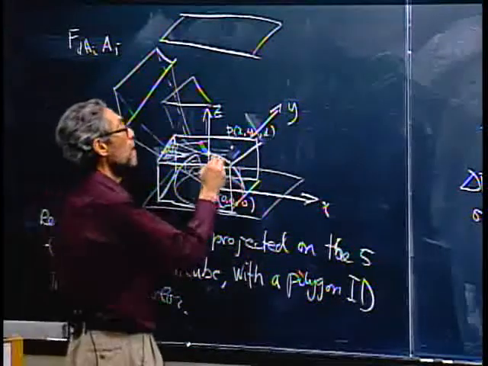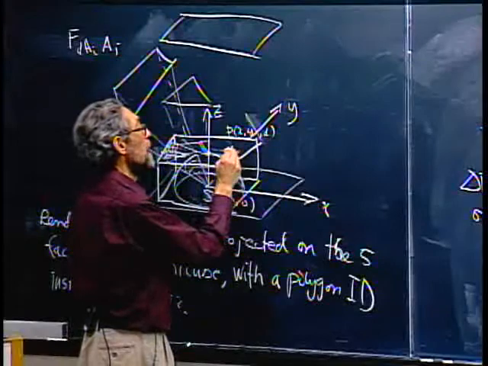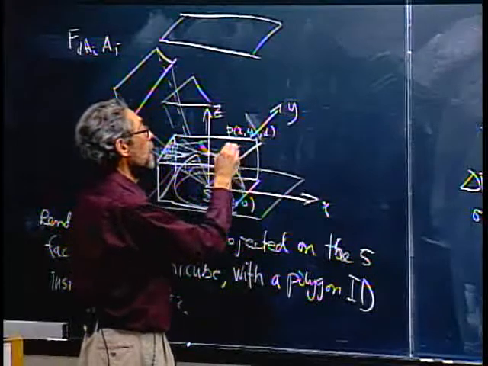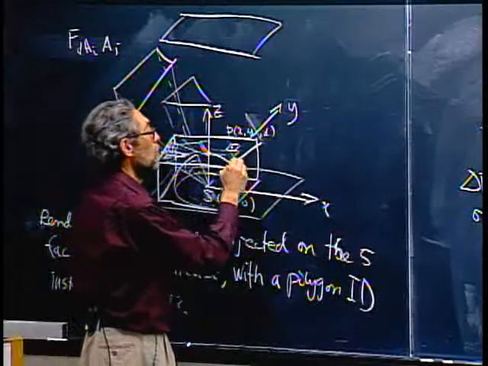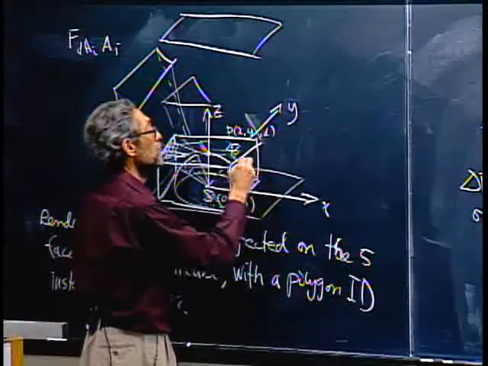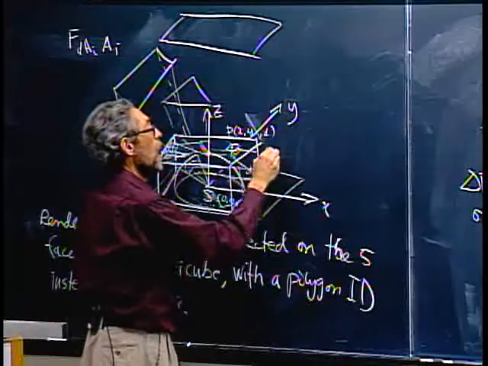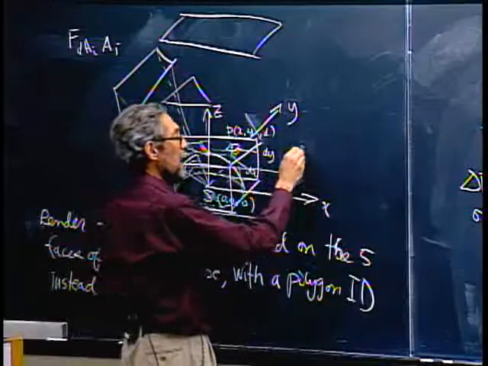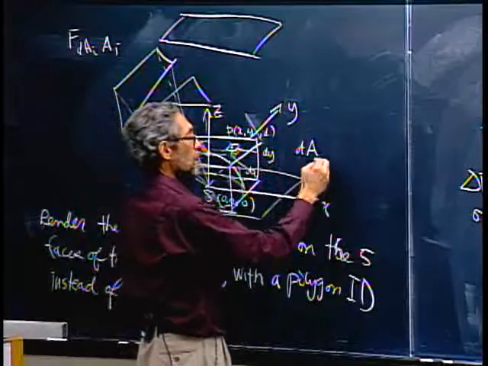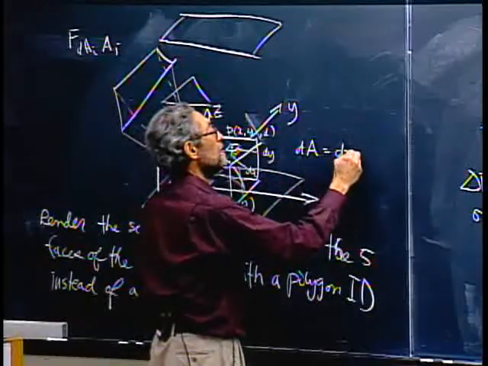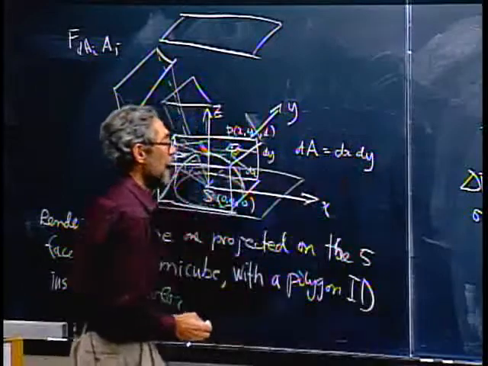All right, and now basically the pixel is a little square around that center, of width dx in this direction and width dy in that direction. So its area is dx times dy. It's a constant.